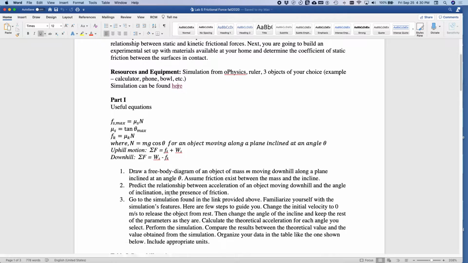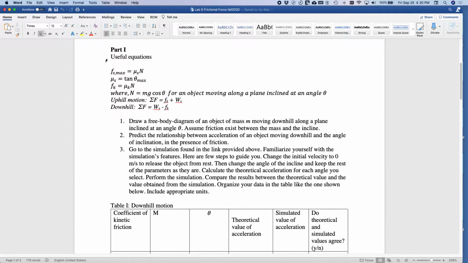So the useful equations in part 1 are these. The maximum value of static frictional force is equal to the coefficient of static friction times n, where mu s is the coefficient of static friction and n is the normal force.